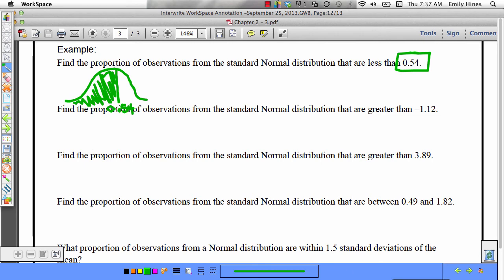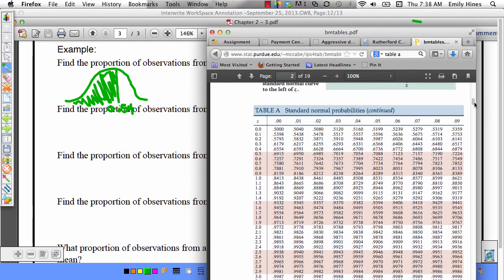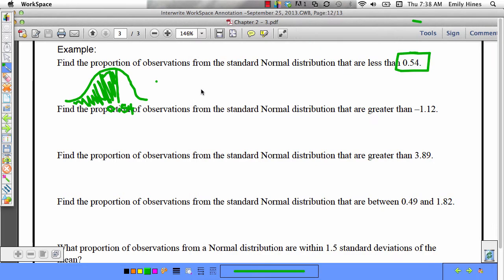Then I'm going to go to Table A. So less than 0.54. So 0.5 is right here. And if I go over to 0.04, that is this one right here. So I get 0.7054. That is my proportion.